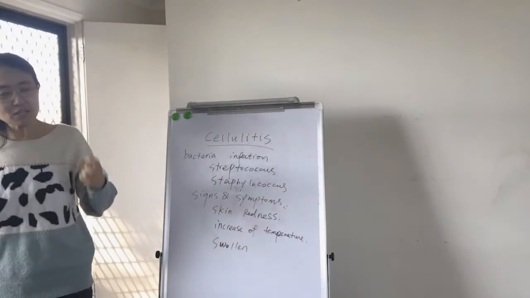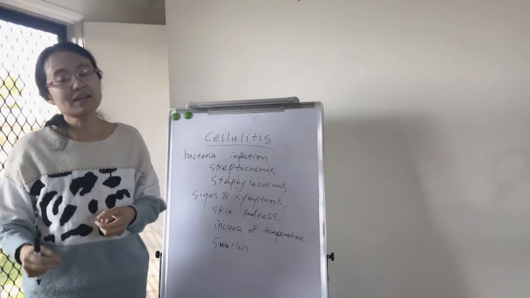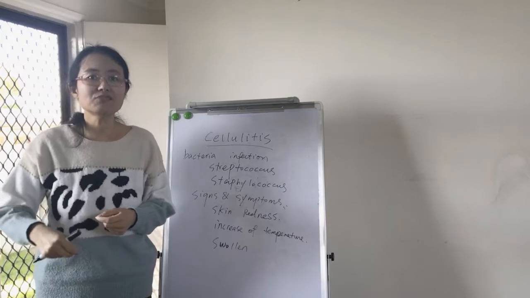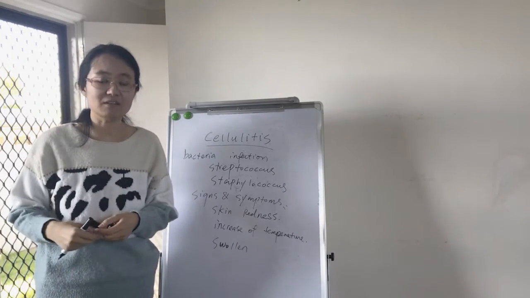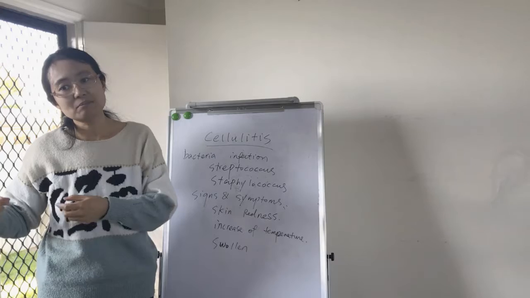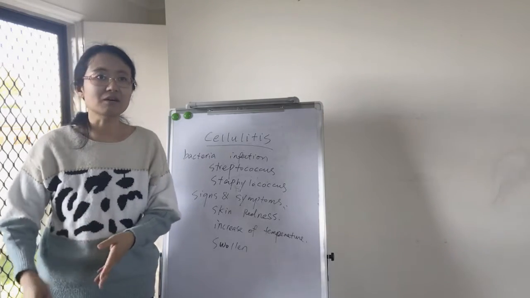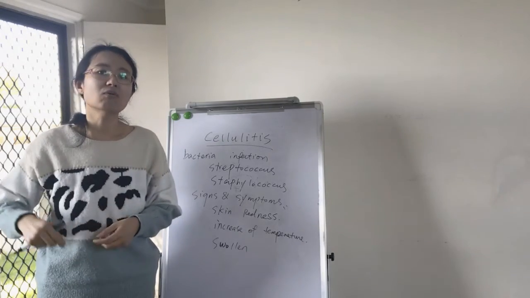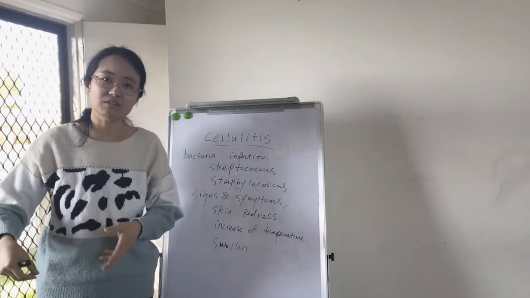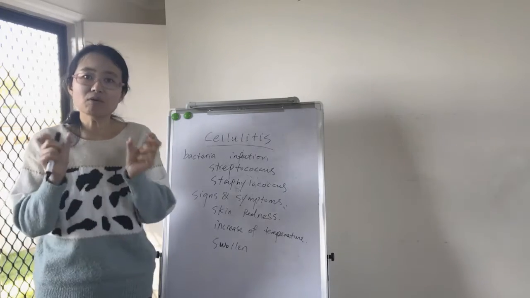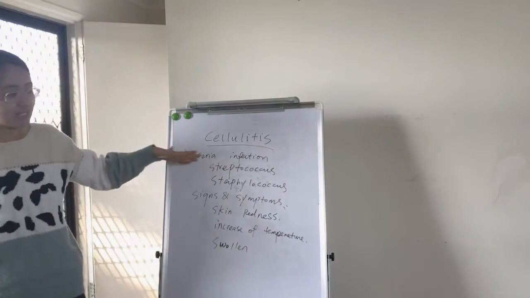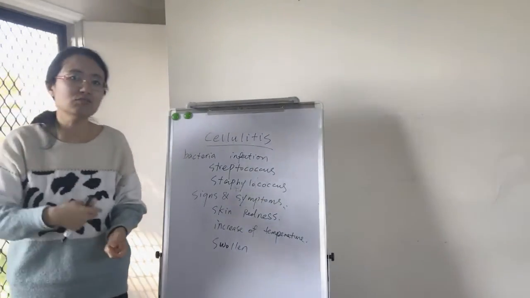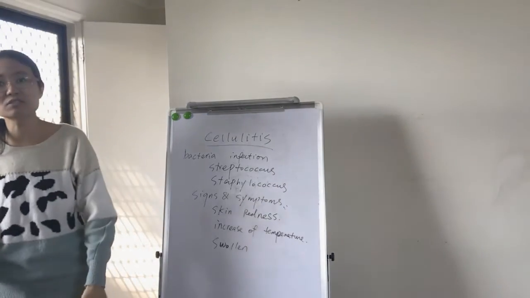If your skin has a skin tear, or if something tears your skin and makes a broken part on the skin, like a skin cut, or something penetrating your skin and making it broken, then the bacteria will find it easier to travel through that broken area and into your body and cause the whole skin to get infected.